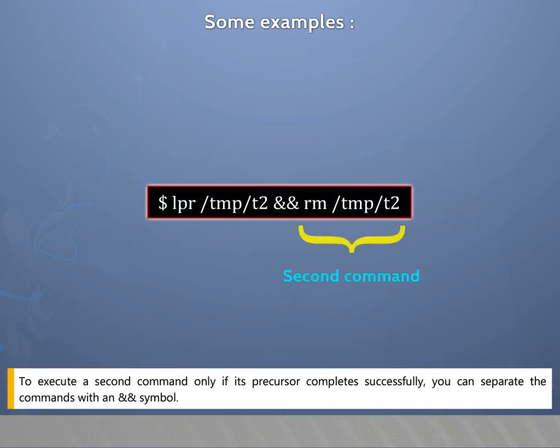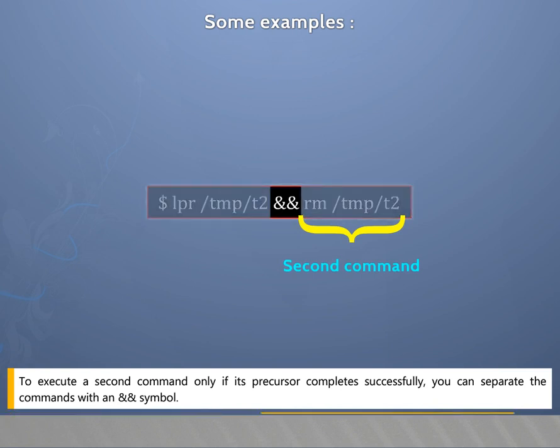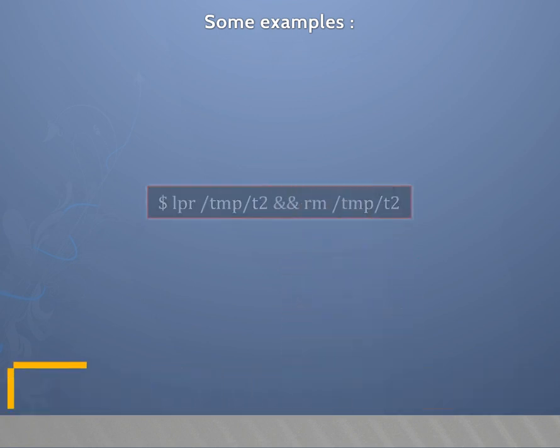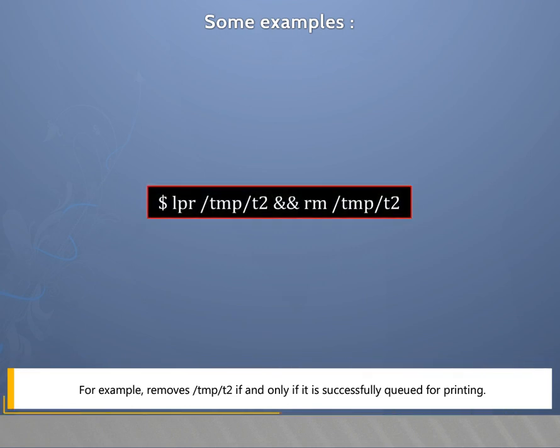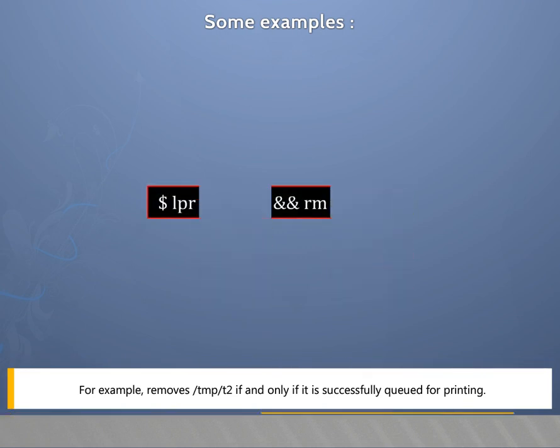To execute a second command only if its precursor completes successfully, you can separate the commands with an ampersand symbol. For example, the command removes /temp/t2 if and only if it is successfully queued for printing.